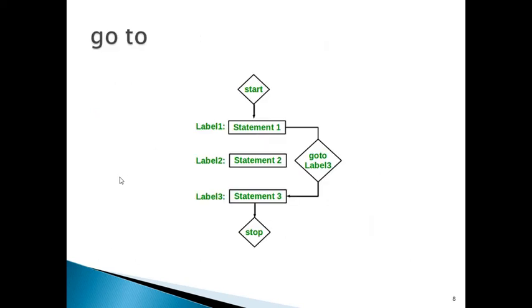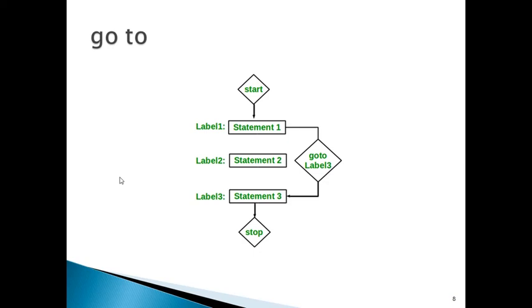Now we will see a flowchart of the goto statement. One example. The program starts with start, label 1 is there, statement 1.